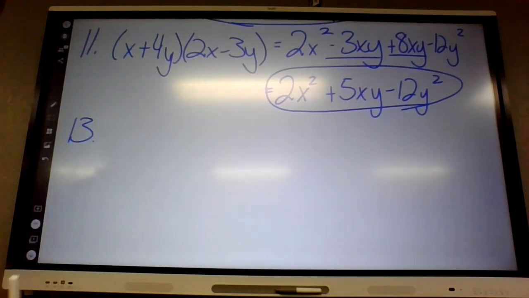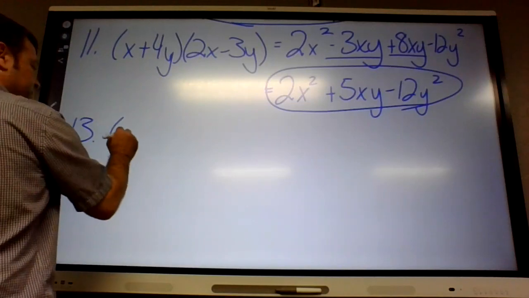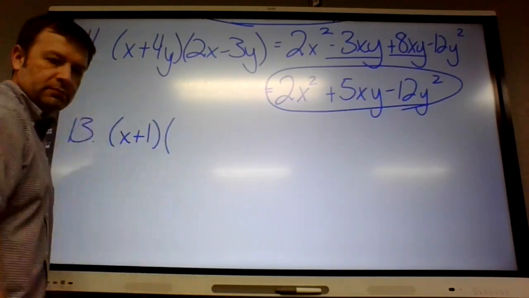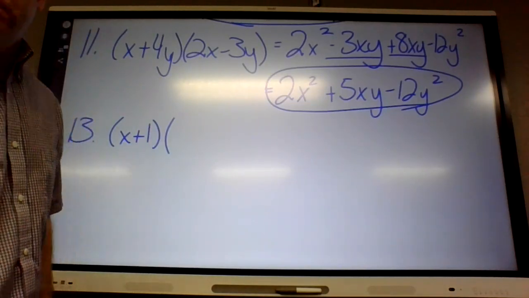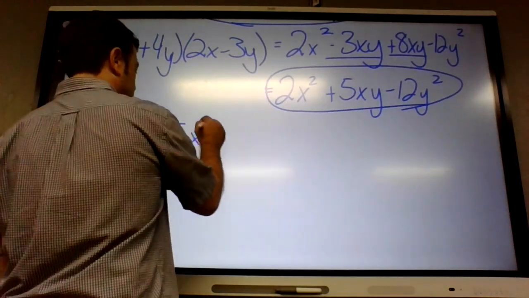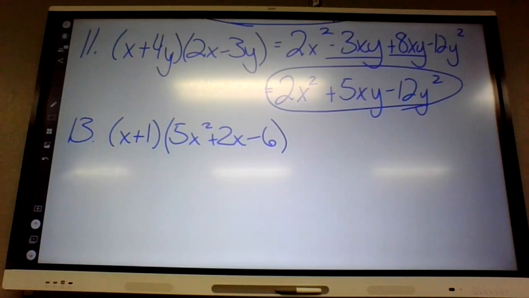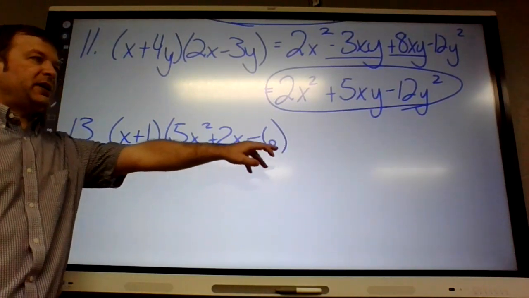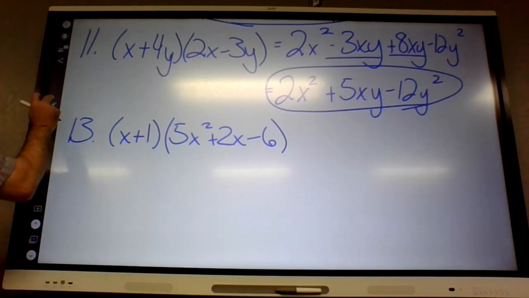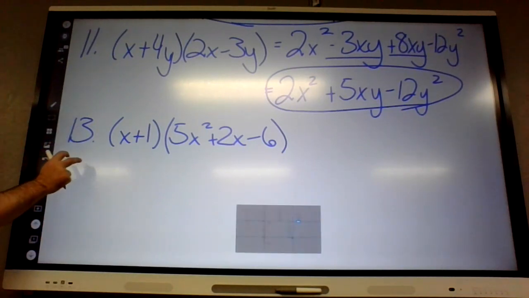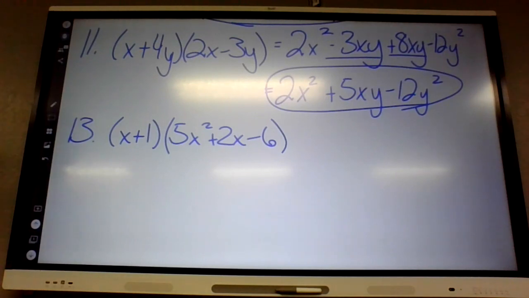All right, 13 is different. You guys see what's different on that one? Yeah, there's 3 terms on the right parentheses. So you can't really use FOIL, although the method doesn't really change that much. Any ideas what to do?